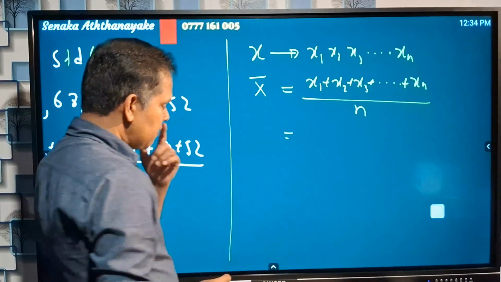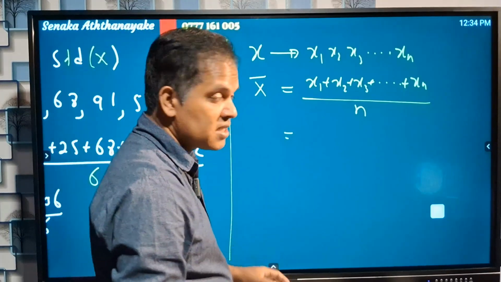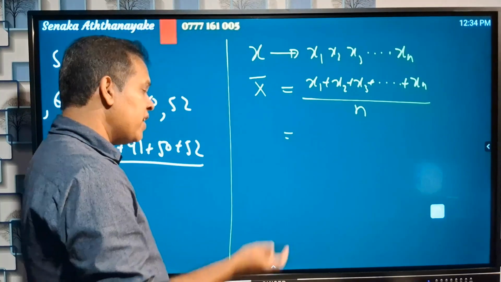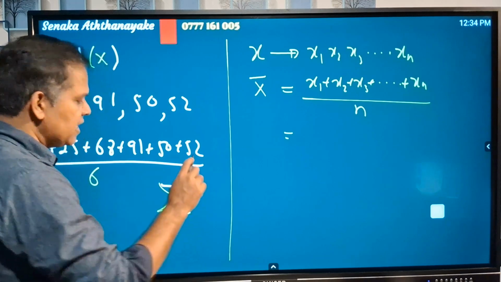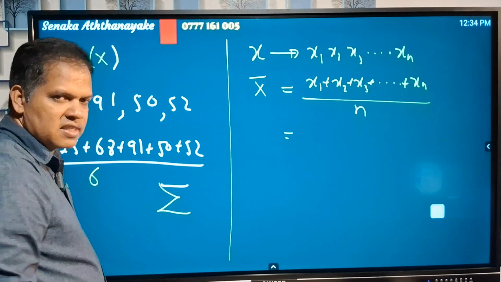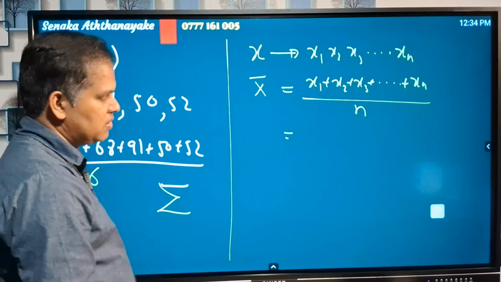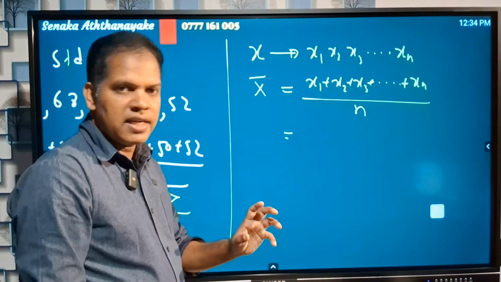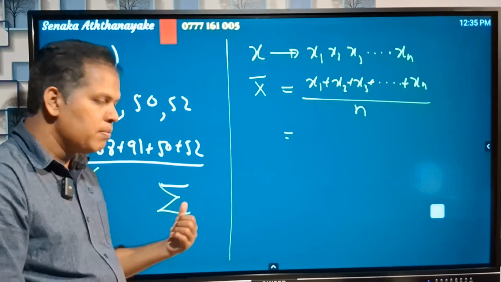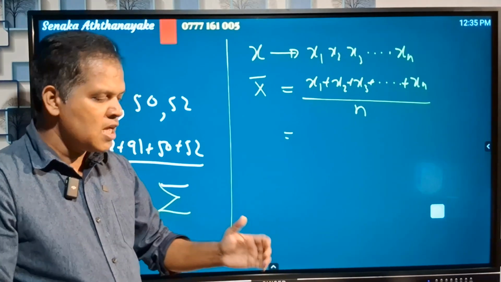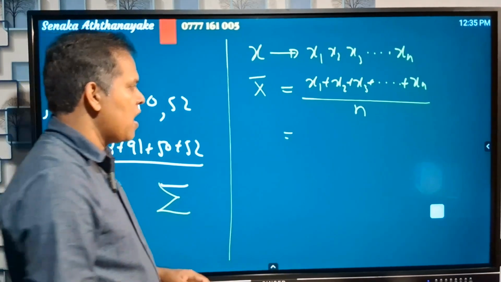So now we have this long expression. In the Greek alphabet, we know there is a letter with this sign. What is this letter? Sigma. Yes, in statistics, the sigma notation can be used to express the sum of all these values.